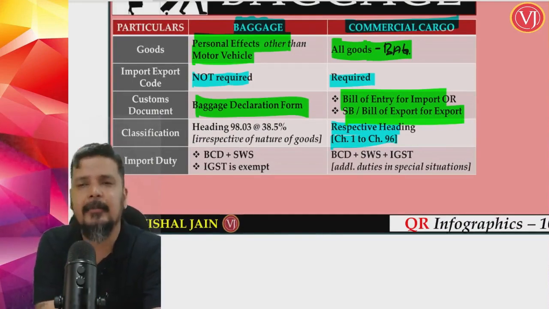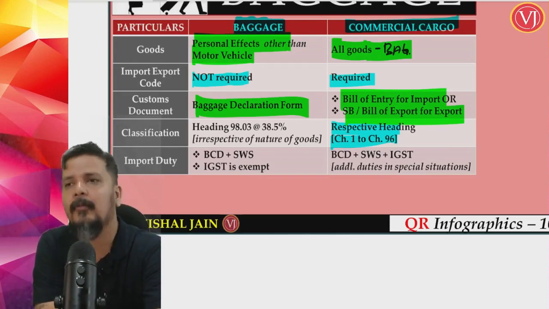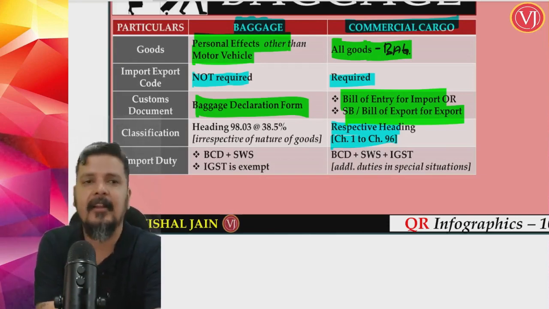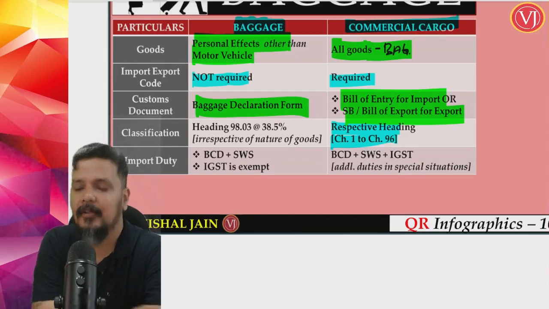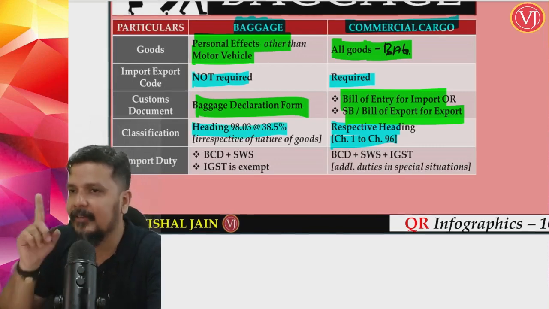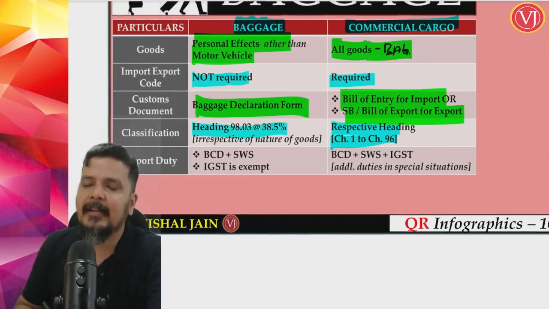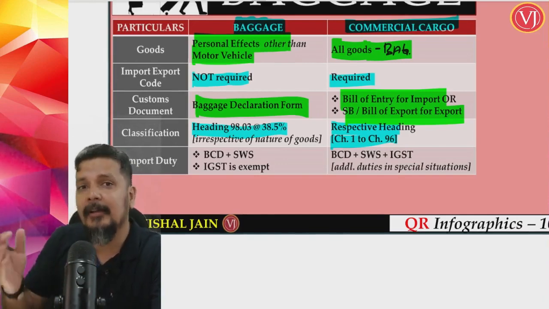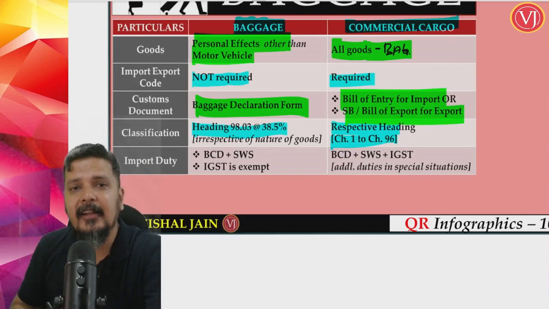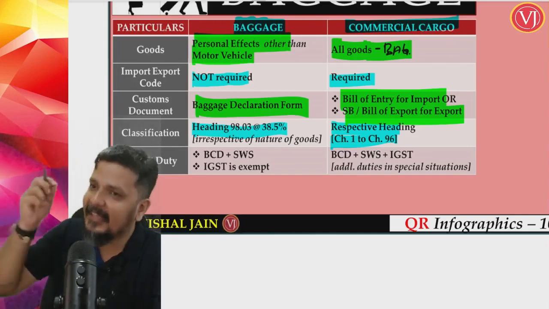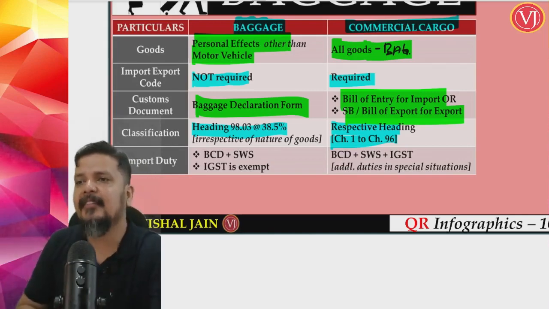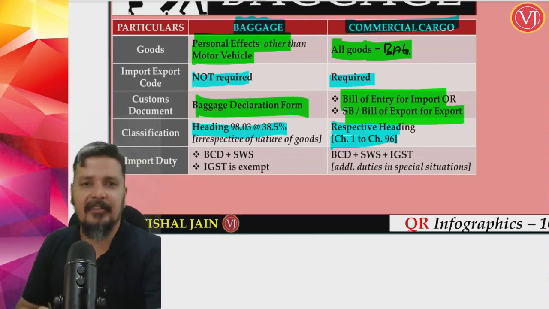But all these items, starting from your mobile phone, laptop, watches, perfume, accessories, if you bring them as baggage, they are all classified under the same heading 9803. If you bring them as commercial cargo, they will have separate classification. But if you bring the same items as baggage, forget the technical classification.